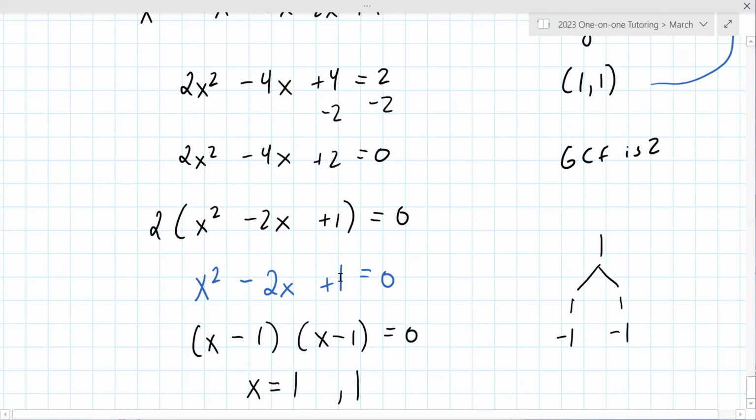And then it's always going to be two numbers that multiply to the one on the right but add up to the middle number. And we can do some practice on that.